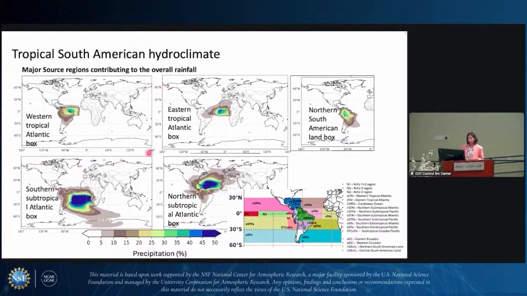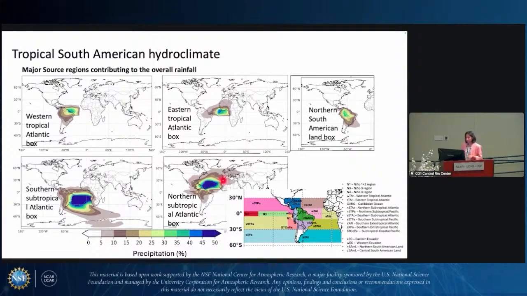And there are some source boxes in the Pacific from which we get moisture coming into South America, especially the regions to the west of the Andes. But for regions to the east of the Andes, the moisture is mostly coming from Atlantic source boxes.